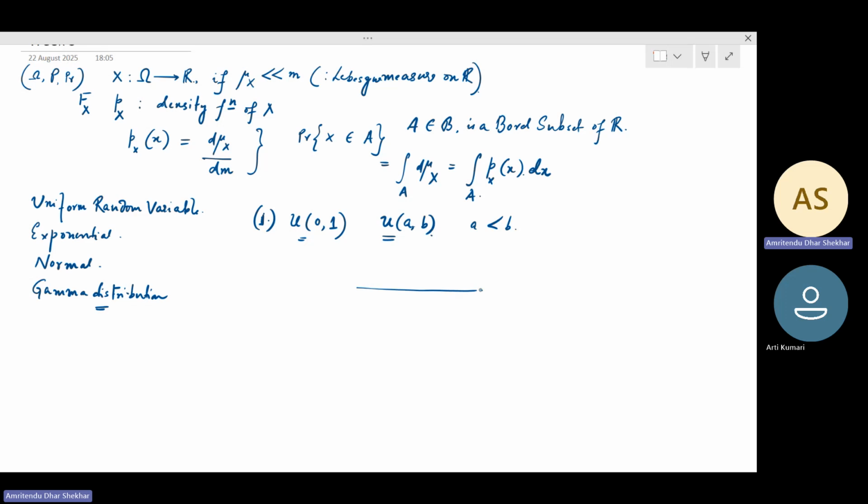Graphically this looks like something like this. You have 2 points a and b, and the probability density function is a piecewise constant function. It is supported entirely within this interval a comma b, and within this interval it is equal to 1 by b minus a.